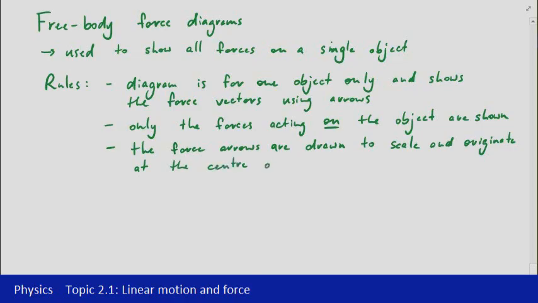So we're considering the object as basically all the forces are affecting the center of mass. That means we can simplify diagrams quite significantly as well. The last thing is that all the forces are labelled.